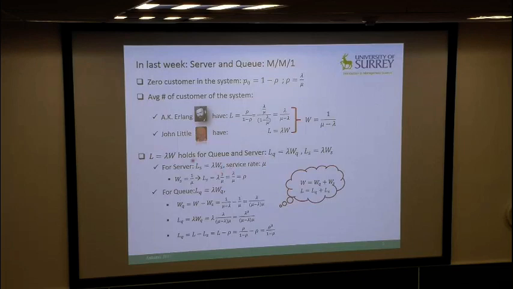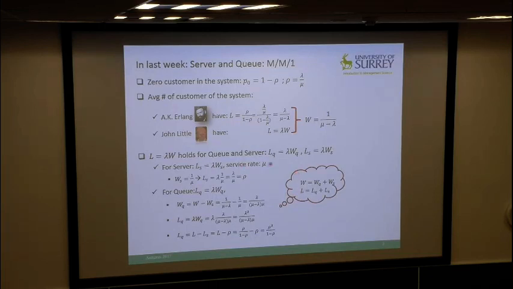So if we have this, let's think about what WS is. WS is the time one customer is served. Usually we should know the service rate, that's basically how fast we can serve customers in a certain time period. For example, mu equals 10 customers per hour. That means every hour we can serve on average 10 customers.